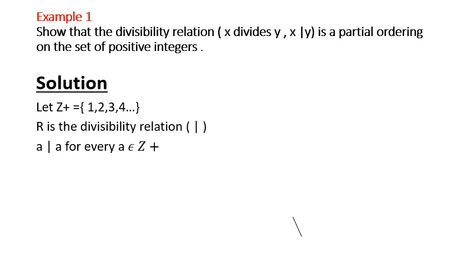That means reflexivity is there for every element in Z plus for this relation divisibility. That means ordered pair AA belongs to the set. So we can generalize and say A divides A for every A element of Z plus. That is 1 divides 1, 2 divides 2, 3 divides 3, etc., leaves remainder 0.